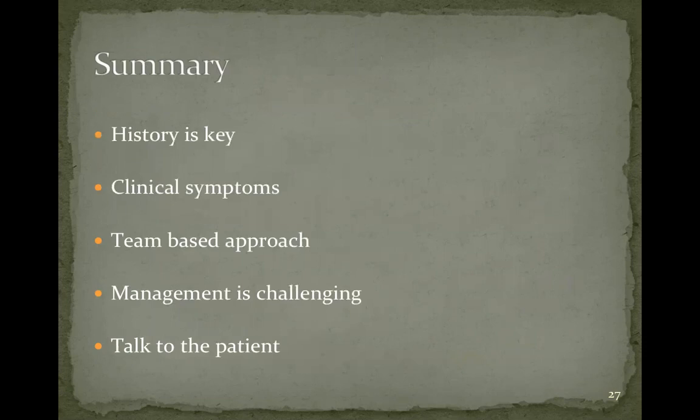Make sure you listen to their clinical symptoms, make sure you see what's caused their decompensation and progressed them into cardiorenal syndrome. When managing cardiorenal syndrome, understand that it's a multidisciplinary team-based approach. You may need cardiology's assistance, you may need nephrology's assistance, and make sure you're always being a team player and utilizing your consults as indicated.